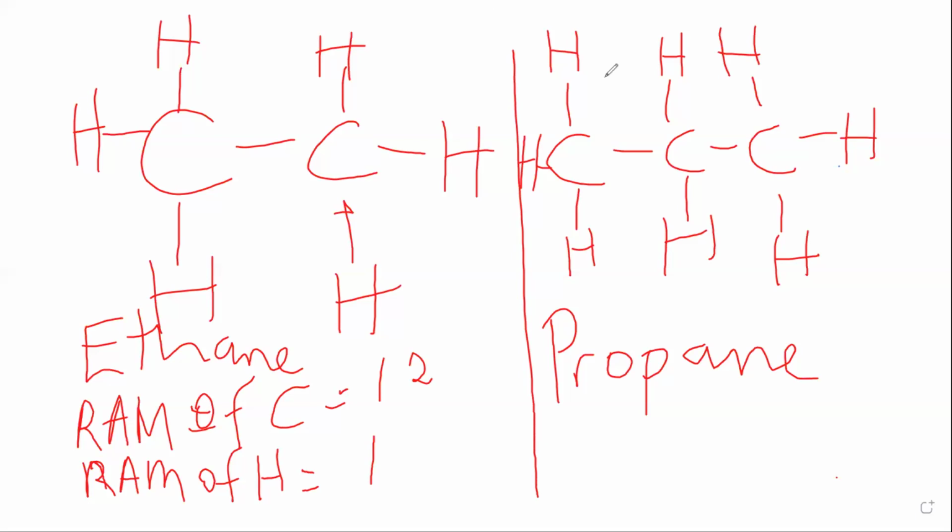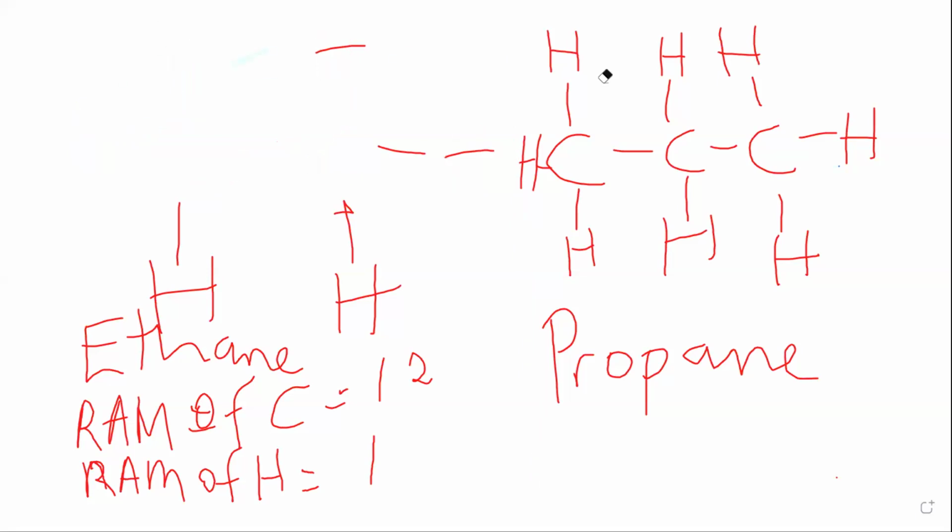So in this case, if we are finding the molecular mass, that means we are finding it for the whole compound. So for ethane, we are going to have a molecular mass of ethane. I'm going to rub off the structures. I hope at least you've taken note of the structures.